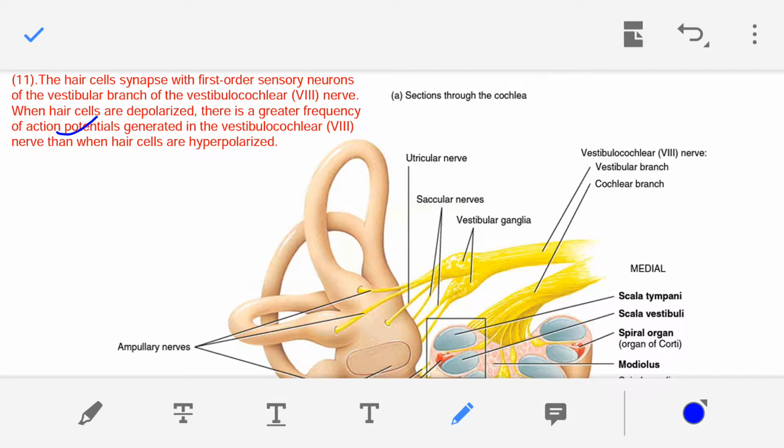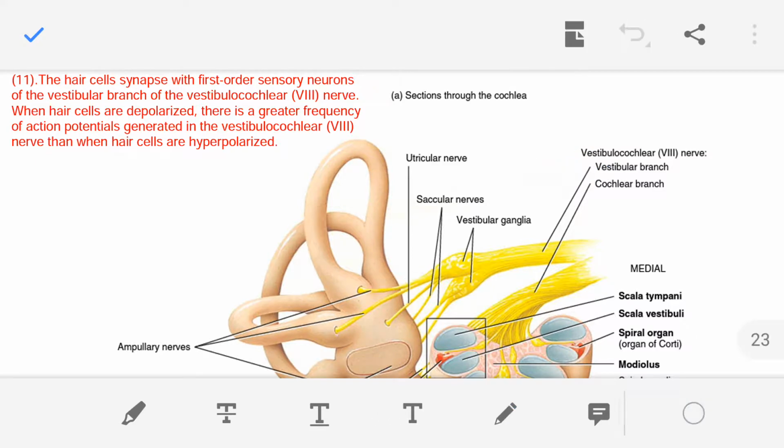During hyperpolarization, less neurotransmitter is released, so there will be less generation of action potentials. The first order sensory neurons and their axons bundle together and form the vestibular branch of the vestibulocochlear nerve, and this nerve sends nerve impulses to the brain center.